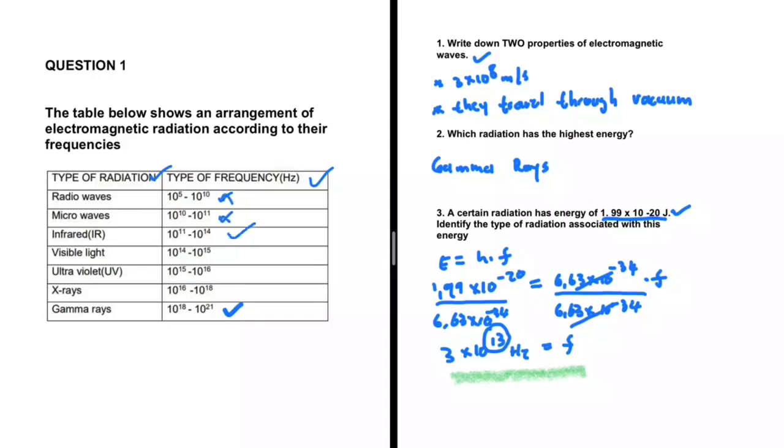As you can see, this is times 10 to the power 13, and infrared ranges from 10 to the power 11 to 10 to the power 14. So 10 to the power 13 is in between the frequencies of infrared. So the answer here is infrared. The question is saying, identify the type of radiation associated with this energy. It is clearly infrared.